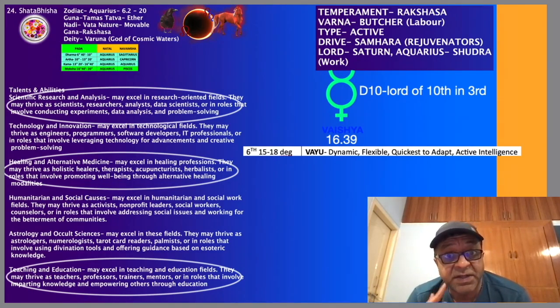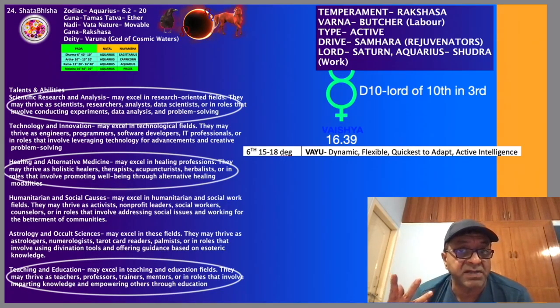But it is sitting in the third house in Shatbhisha. What are the professional possibilities for a hypnotherapist? Why did she become a hypnotherapist? That's the question we are asking ourselves. What's the hypnotherapy angle here with her profession?